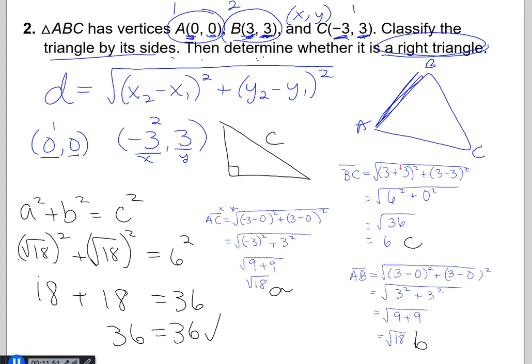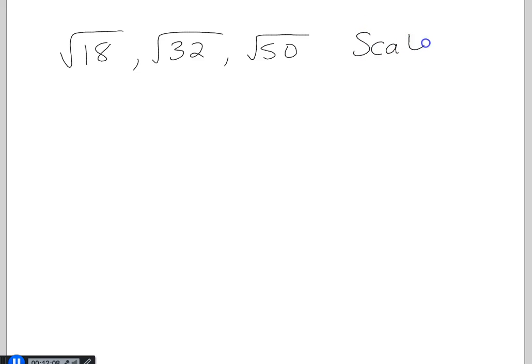Okay, so for number 4 in the packet, we found that we had the sides the square root of 18, the square root of 32, and the square root of 50 were our 3 sides. Those were the lengths of our 3 sides, right? Yeah. And we said that means it's a scalene triangle because all 3 sides are different in measure.